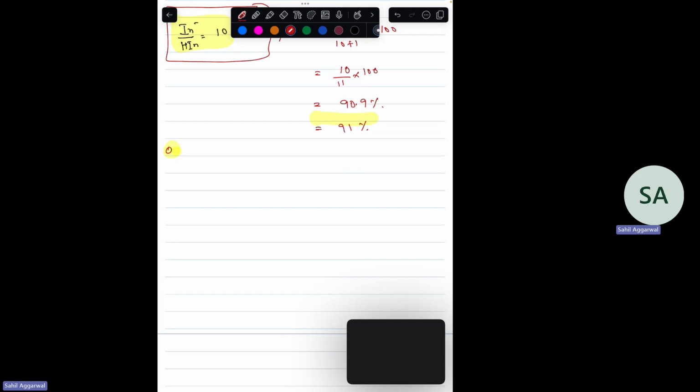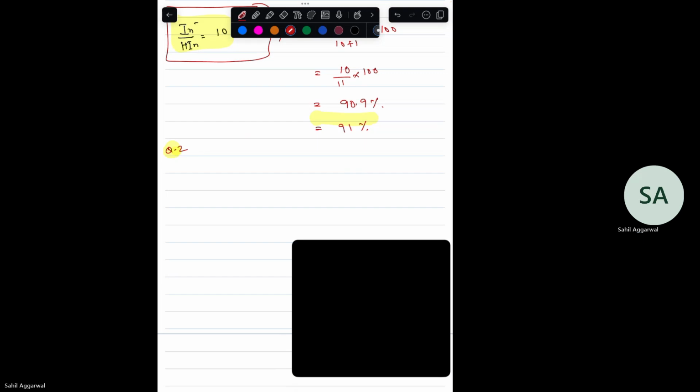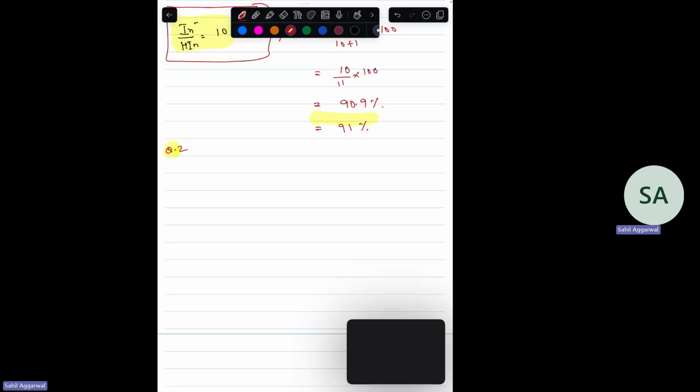Now we'll see question 2. 200 ml of 0.05 N KOH and 400 ml of 0.05 N HNO3.